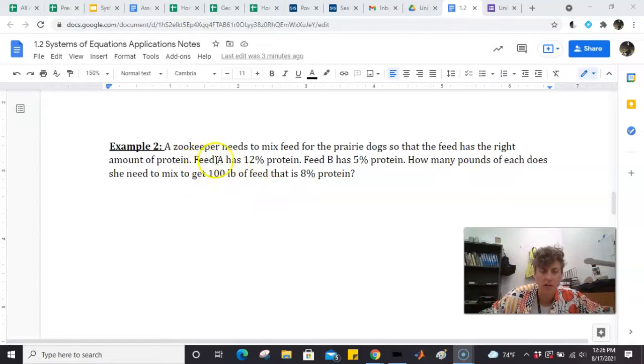So we have the number of pounds of feed A times the percent protein, plus the number of pounds of feed B times its percent protein, should equal 100 pounds altogether times 8% protein overall.